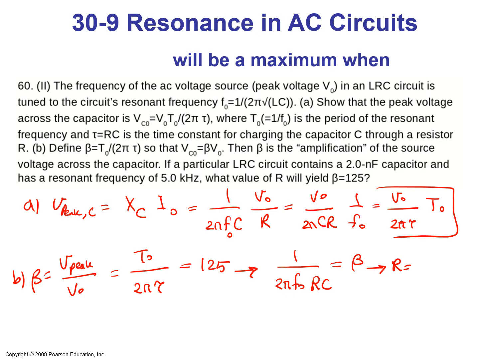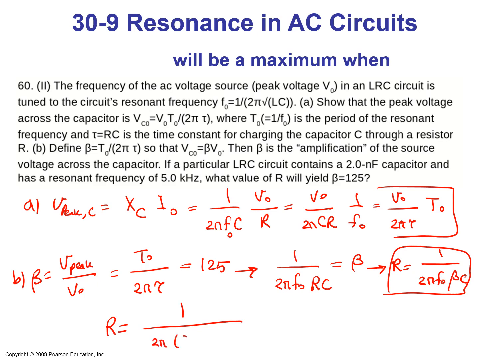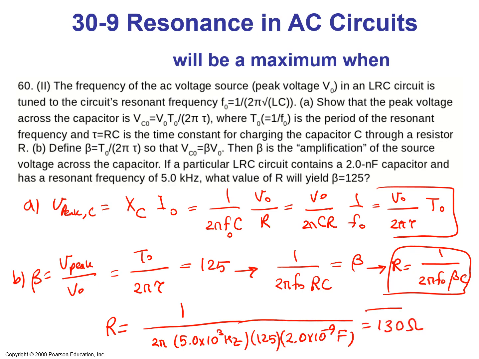Therefore, R is equal to 1 over 2 pi F0 beta C. Let's plug in the values. 1 over 2 pi. Frequency is 5 times 10 to the power 3 hertz. Beta is 125, and the capacitor is 2 nanofarad, and that simplifies to 130 ohms.